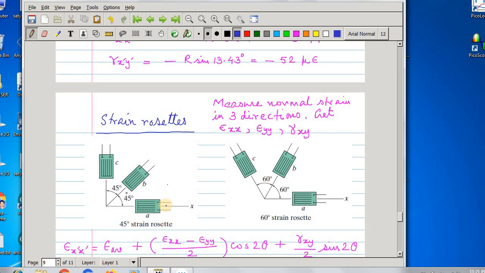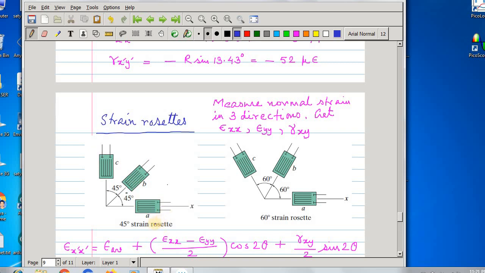Now how do you get multi-axial strain or plane strain using strain gauges? What we do is we use 3 strain gauges arranged at a particular angle, and by measuring the normal strains in these 3 given directions.